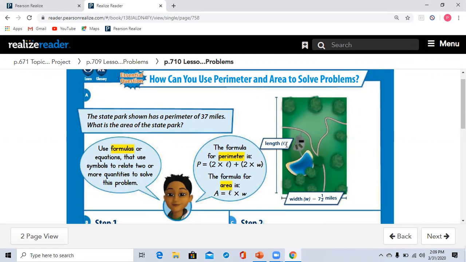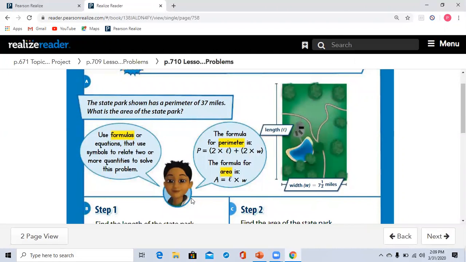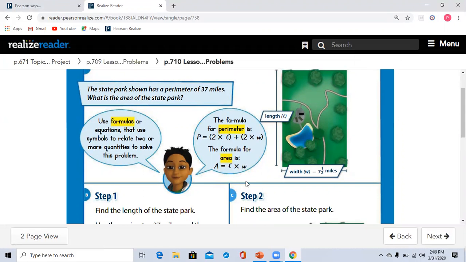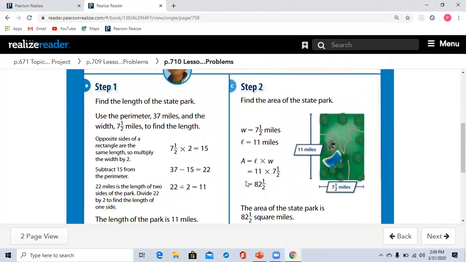So if I don't know what the length is, and I know what the width is, I can find out what the length is. The formula for perimeter is 2 times the length and 2 times the width. The formula for area is length times width. First step, I know that one of the widths is 7.5 miles, but there are 2 of them, so I multiply by 2.